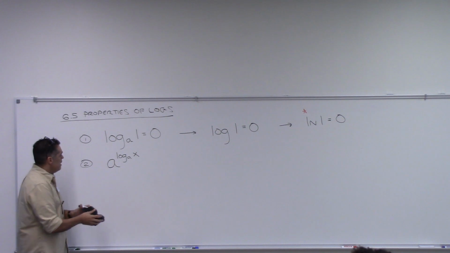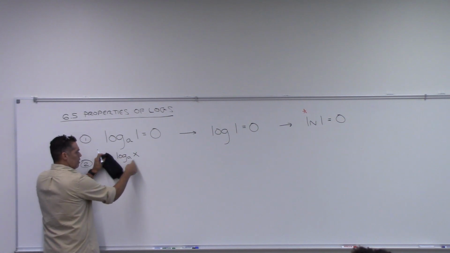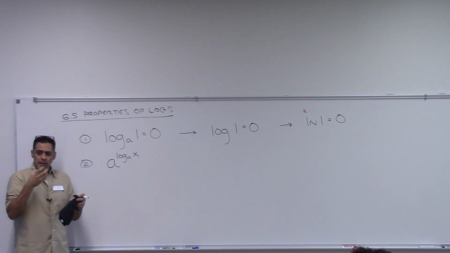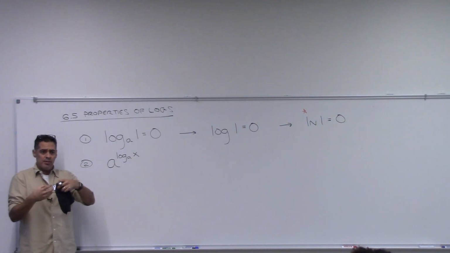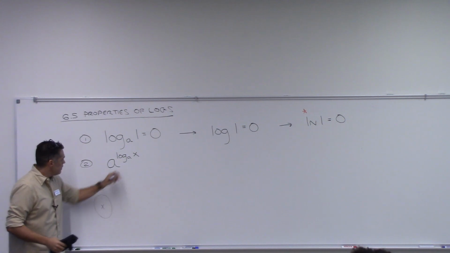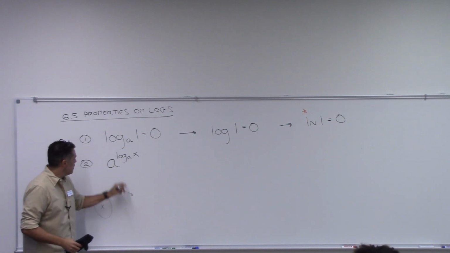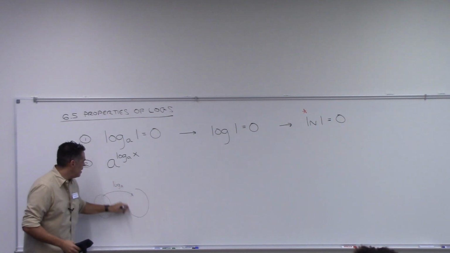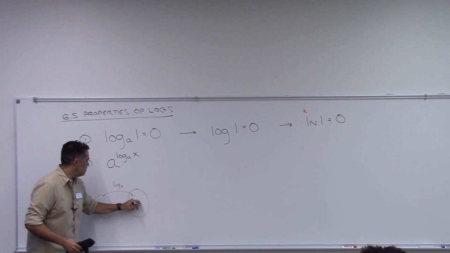So what's happening here is you're taking the logarithmic function, log base A of x, and you're plugging it into the exponential function. See, it's up in the exponent? So you're putting a function together with its inverse. So what happens? I'm starting out here with x. X goes into log base A, and comes out over here as log base A of x.